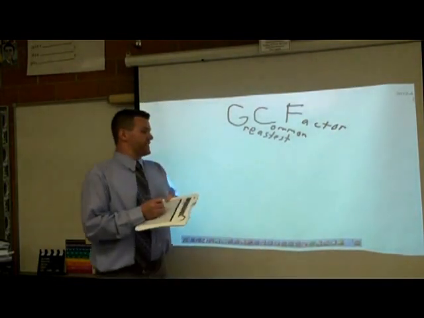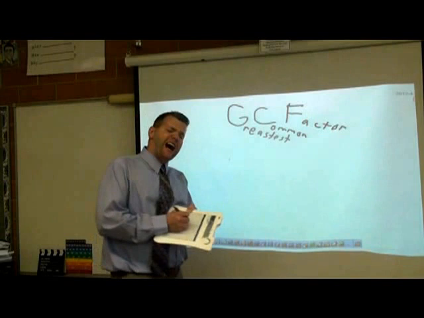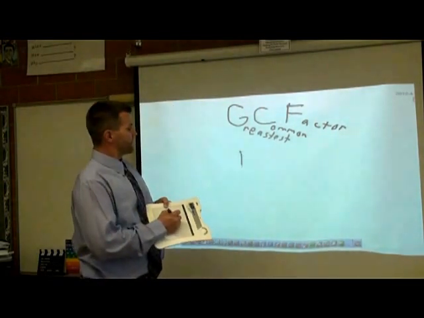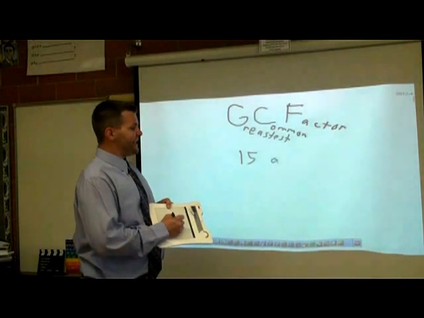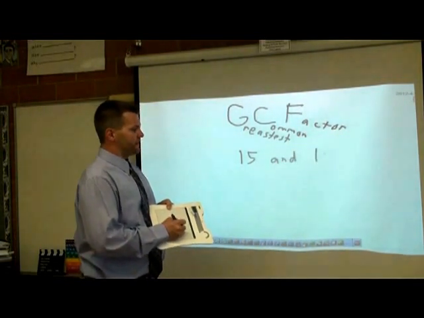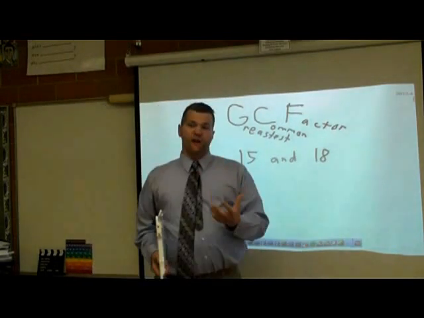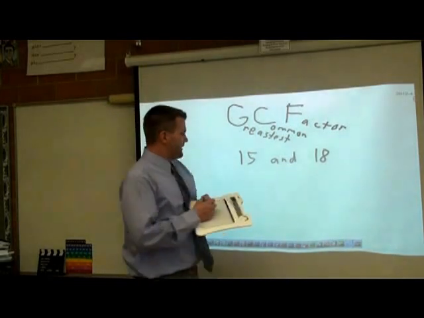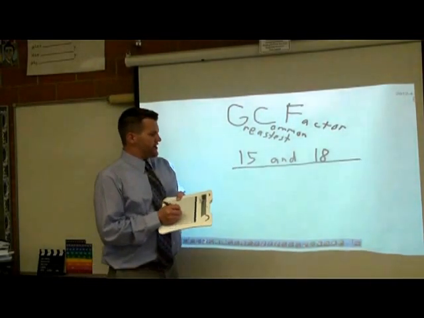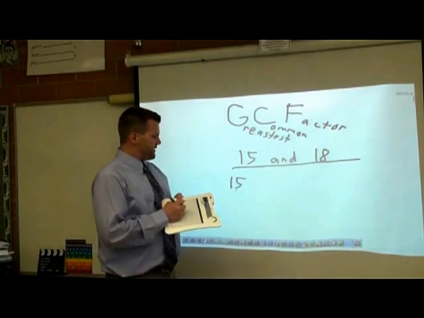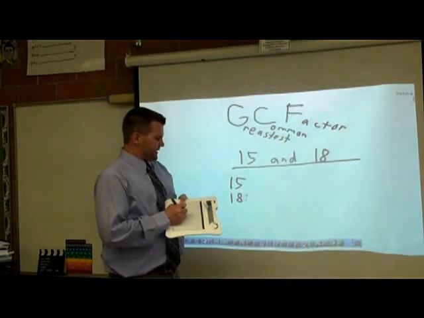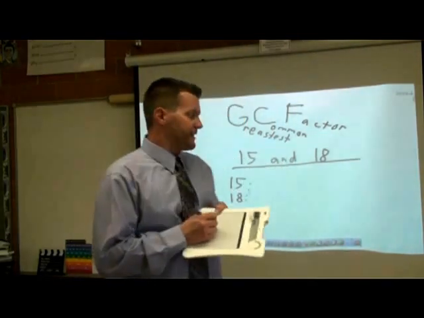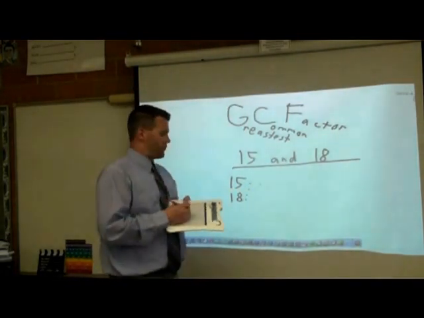If we were to say, find the greatest common factor of 15 and 18, let's go ahead and do that. We're going to look at 15 and 18, and we're going to have to break these numbers apart to see what numbers go into them.